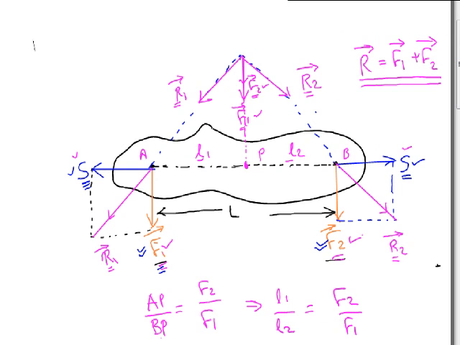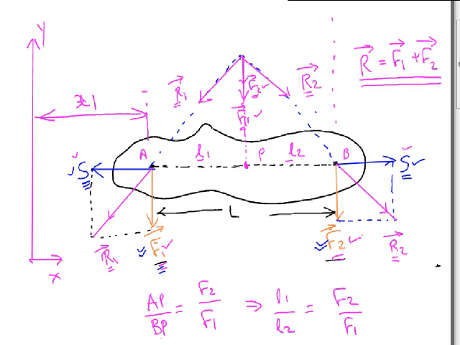If we assume your y-axis to be here, as shown here, and your x-axis in this direction, okay, assume that the distance between the point of application of F1 and y-axis is x1. Similarly, the distance between point of application of force F2 and y-axis is x2.